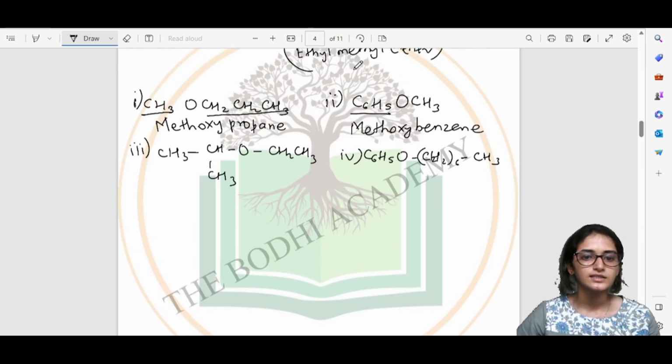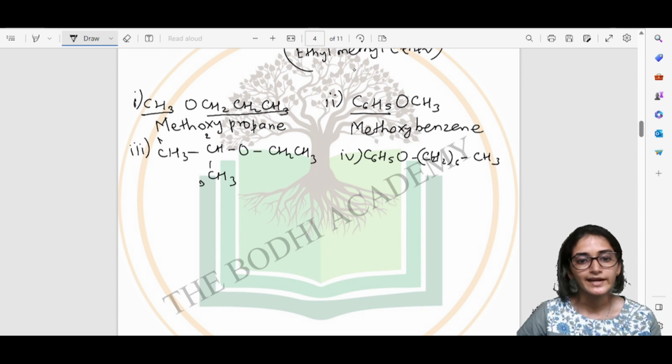The next is this ether. Now this is a little complex, so how to name this one? Here there are 3 carbons, here there are 2 carbons, so the name will end obviously with this, but here you have to consider this full chain. Okay, so either you start numbering from this carbon or this carbon. So if I start numbering here 1, 2, 3, then this is the main chain and this is the second carbon.